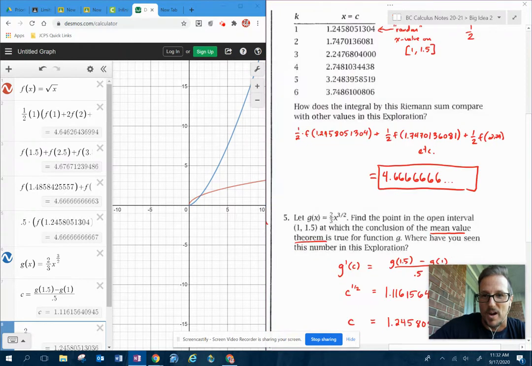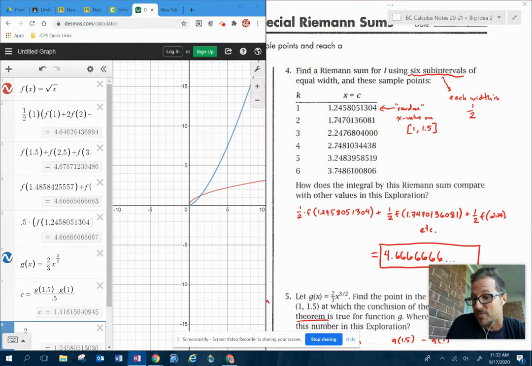Now we're asked to do it again, but instead of 3 subintervals, go to more subintervals. We just theoretically know that more subintervals is going to be better. So now, same story. We have 6 subintervals. They're all a half wide, and we get these random values. You notice that 1.245 is on the first subinterval, 1 to 1.5, and then subsequently all the other ones.